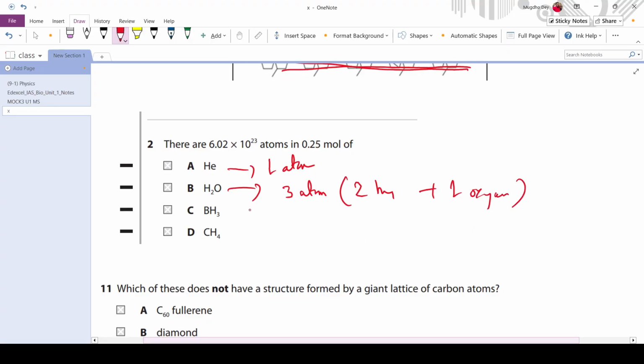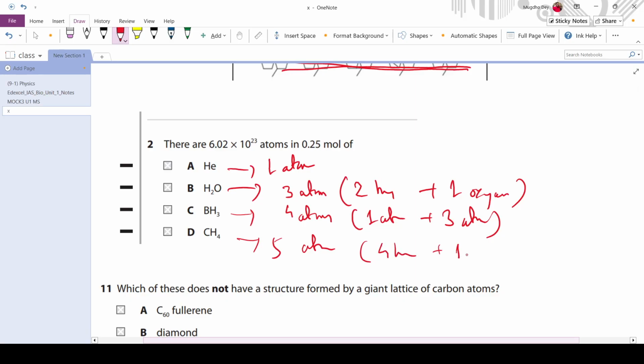For this, it's obviously four atoms, one bromine atom plus three hydrogen atoms. And that one's five atoms, obviously four hydrogen plus one carbon. Okay, fine.